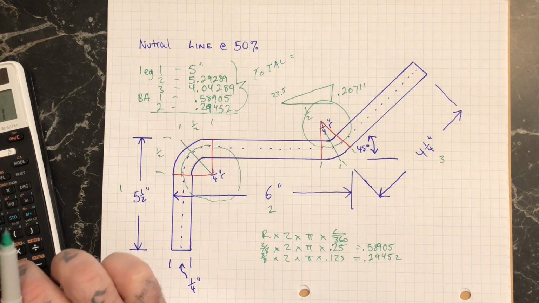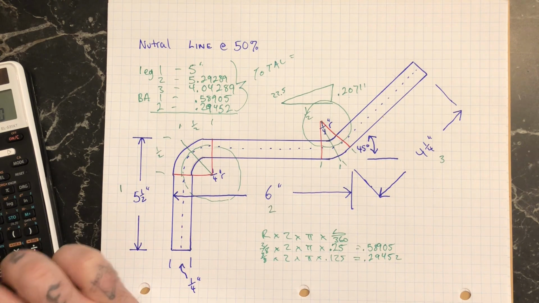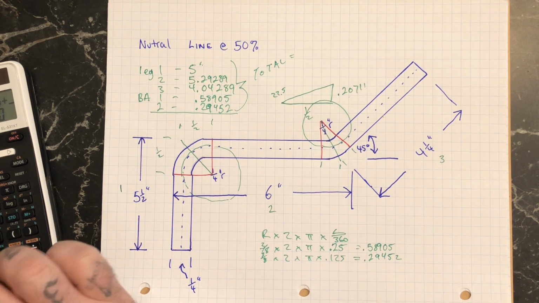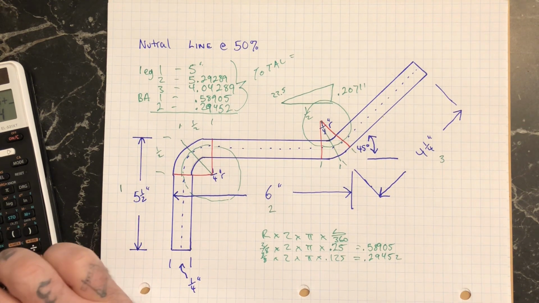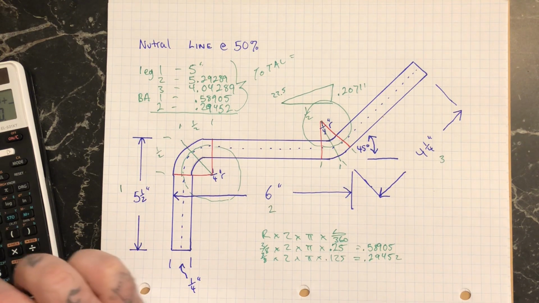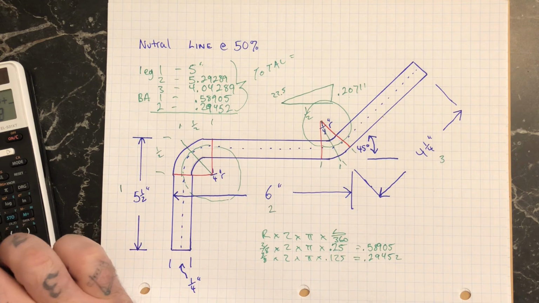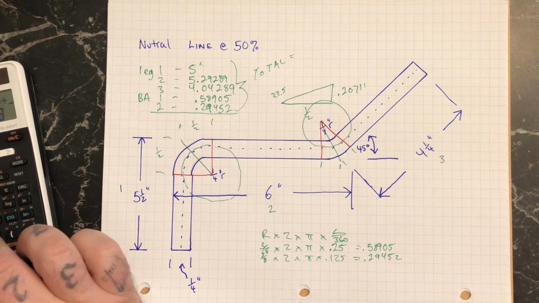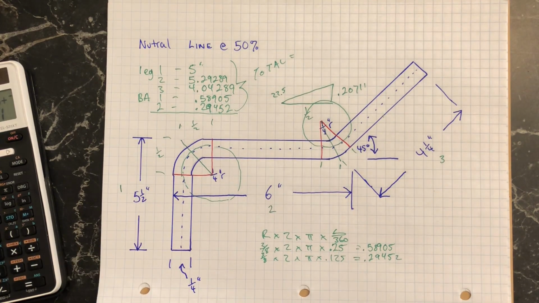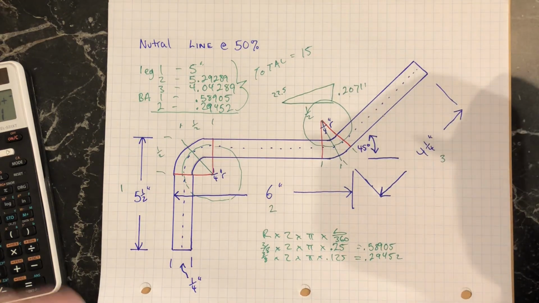So plus 0.58905 plus 4.042889 plus 5.29289 plus 5 equals, so we have a total of 15.2193.